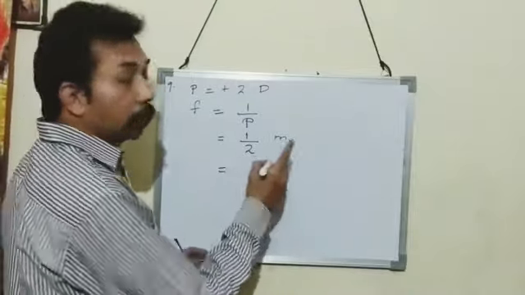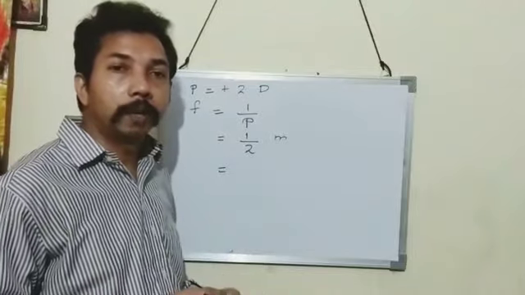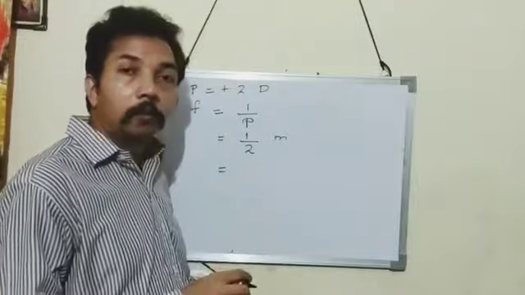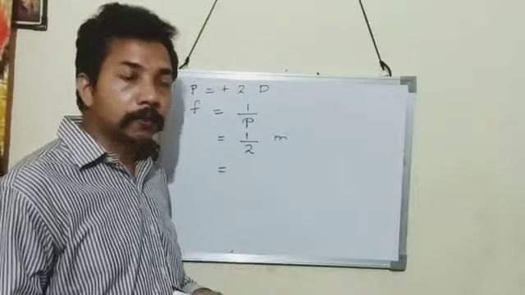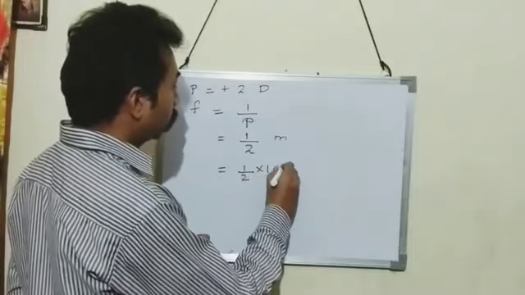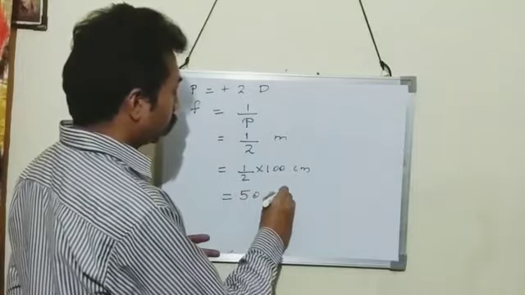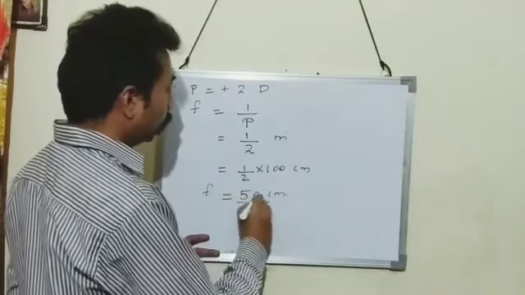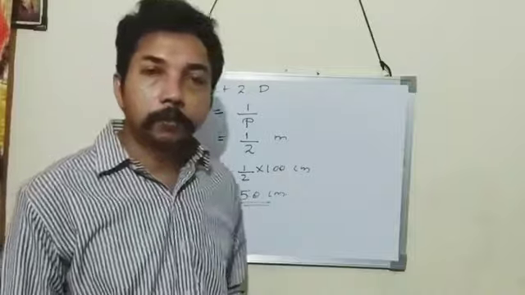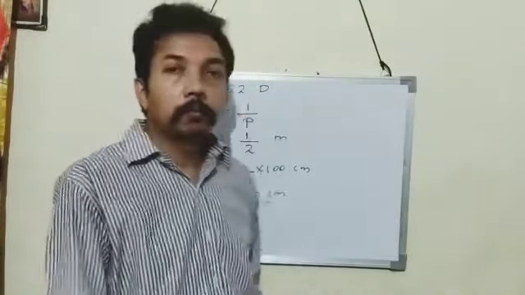For converting meter into centimeter, we multiply by 100 centimeter, since 1 meter is 100 centimeter. So 1 by 2 into 100 centimeter is equal to 50 centimeter. The focal length of the lens is 50 centimeter and the kind of lens is convex lens, since the power is positive.